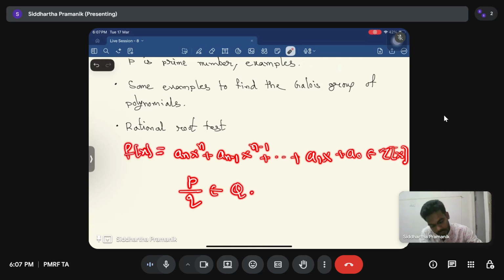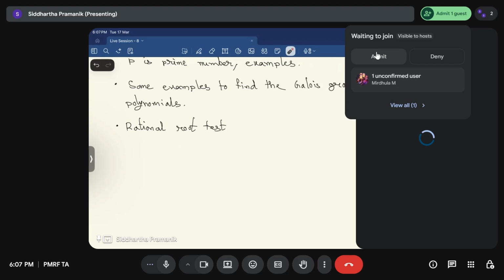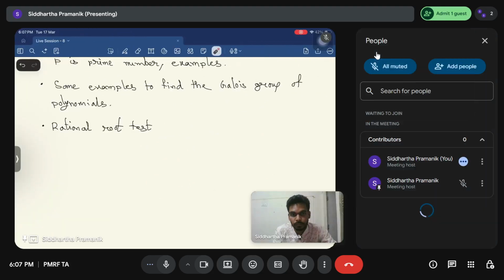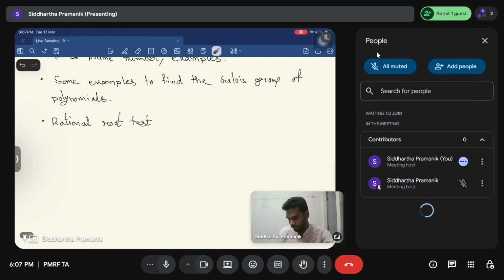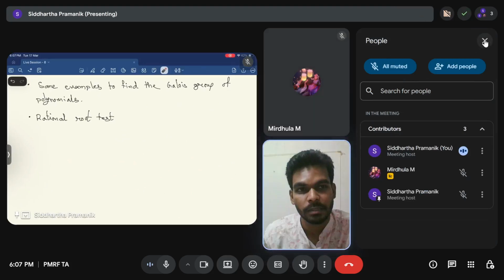How do we check that? If it is a root, then q has to divide a_n and p has to divide a_0. And after this, we have done some more problems.